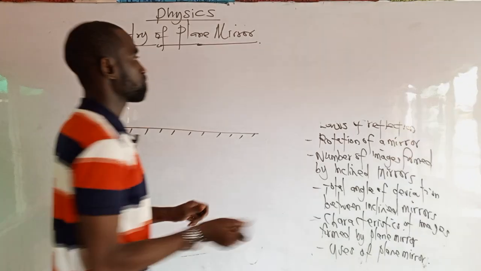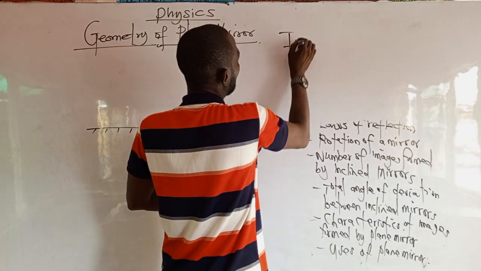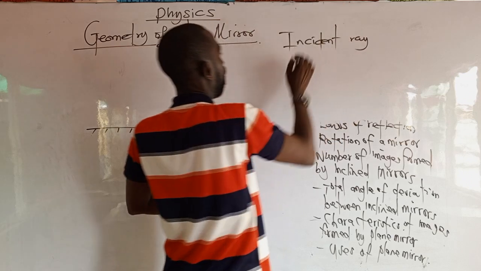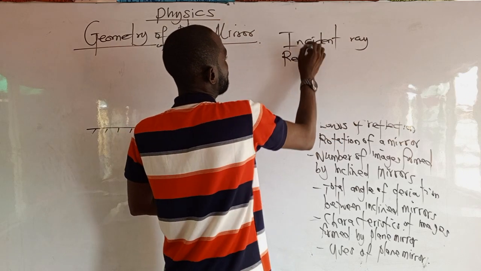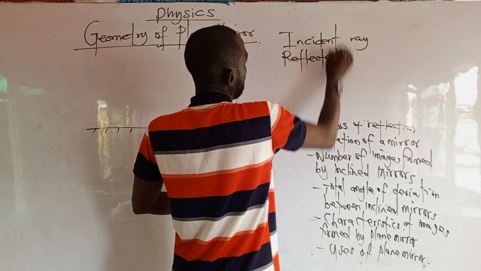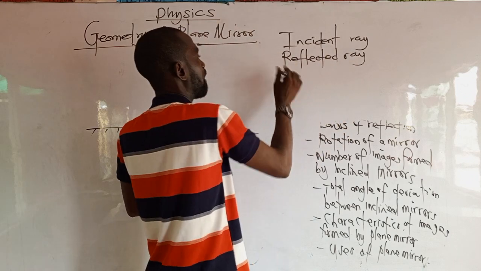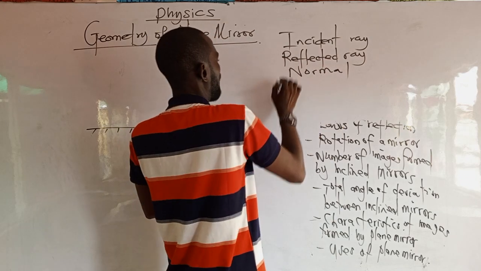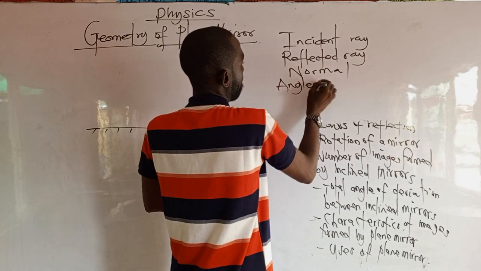The first one, we talk about the incident ray. We shall talk about the reflected ray. After that, we'll talk about our normal. After our normal, we'll talk about the angle of incidence.